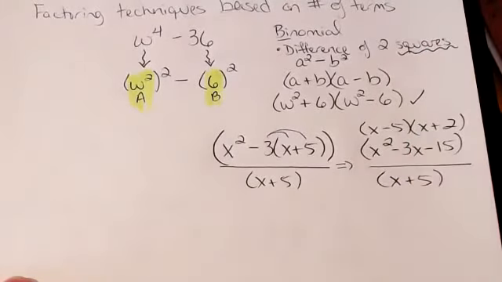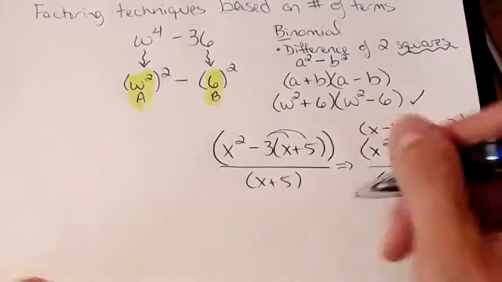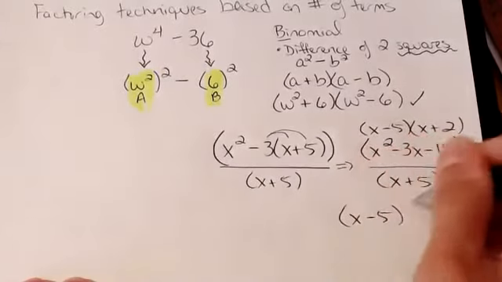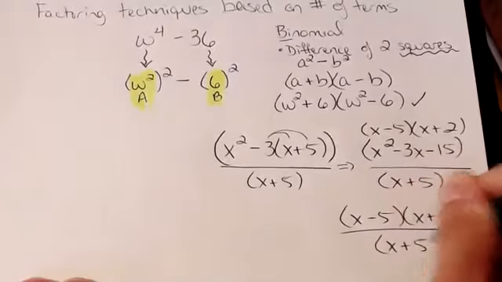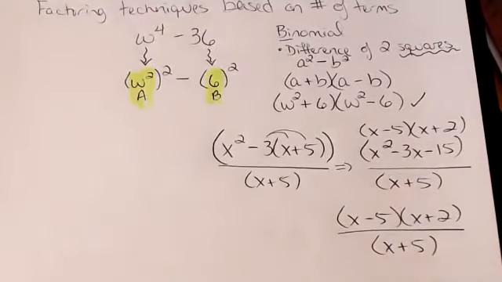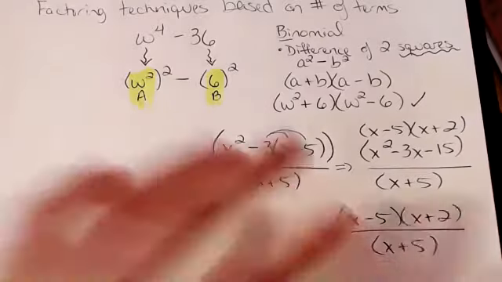And then we're like, oh, snap, I can't reduce at all. Nothing simplifies. I have an x minus 5 times x plus 2 in the numerator, but I have an x plus 5 in the denominator. I can't reduce. They have to be an exact match, or that idea of distant cousins, and we do not have that.